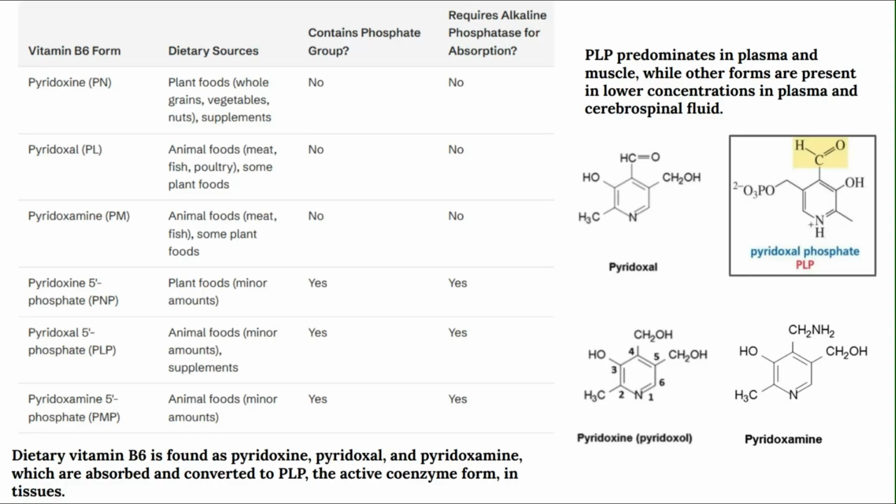Not every form of B6 found in our diet has phosphate added to it, because remember I was talking about the enzyme alkaline phosphatase. That enzyme can metabolize benfotiamine so that you can absorb it. It also metabolizes lipopolysaccharide, especially when you don't have enough secretory IgA to deal with your lipopolysaccharide.